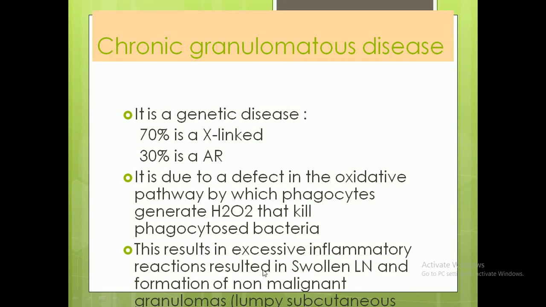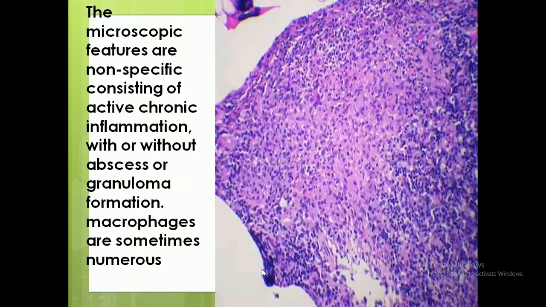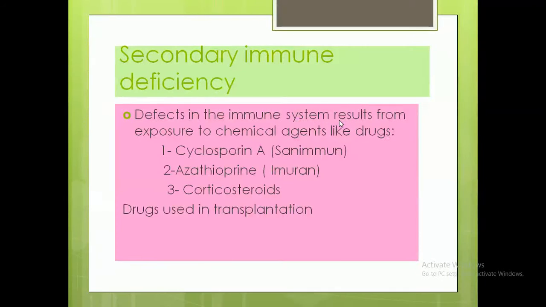So this results in an excessive inflammatory reaction, and by histopathology we can find excessive infiltration of chronic inflammatory cells with or without abscess, and this leads to granuloma formation. Macrophages are sometimes involved in this granuloma.